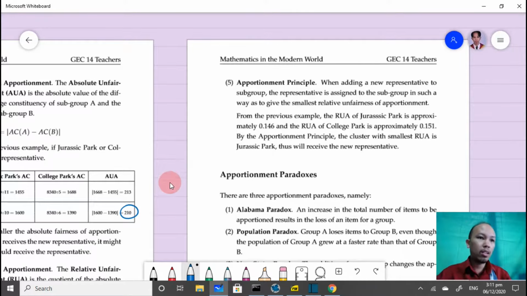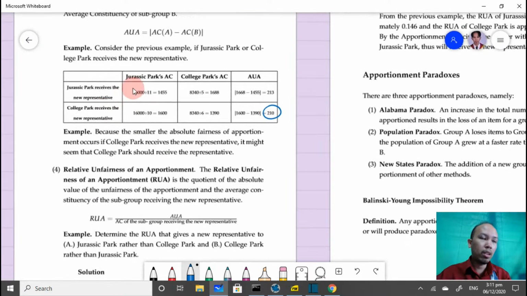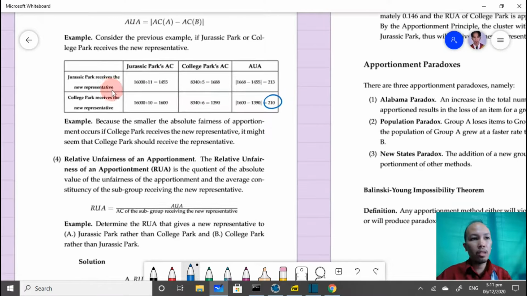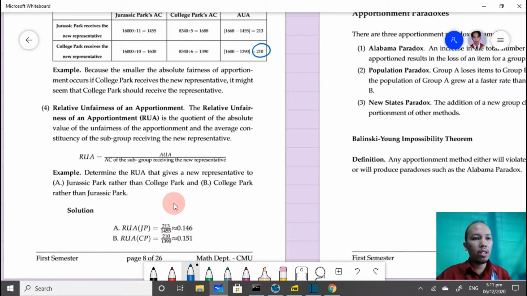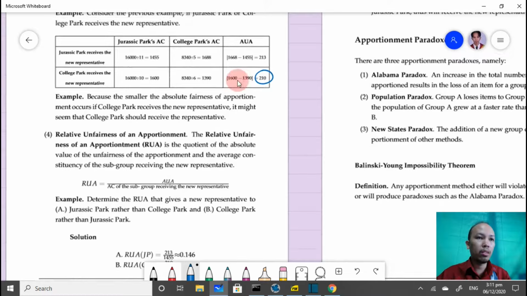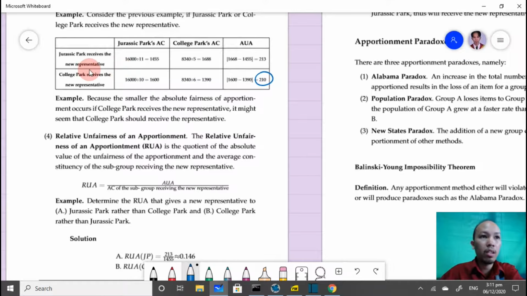And notice that in this example, there are only two states that we consider. But what happens if you have 3 states or 4 states or 5 states? It will increase the number of computations. So just get the pairings.